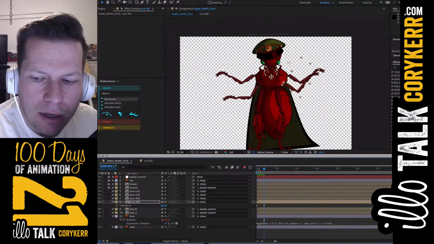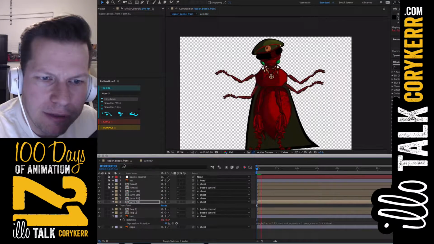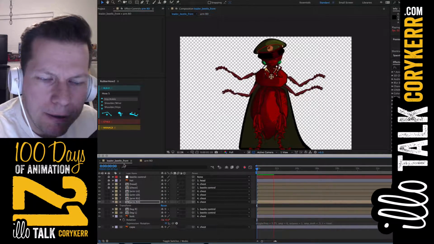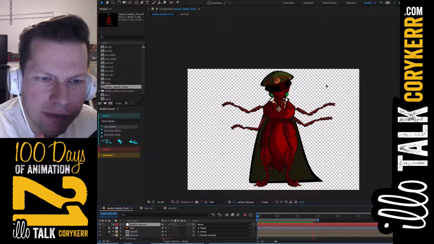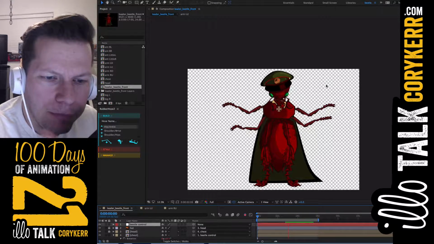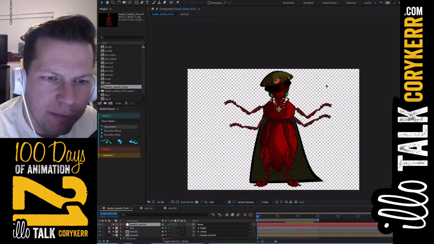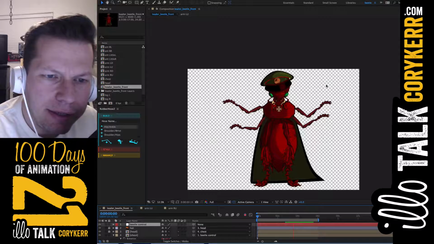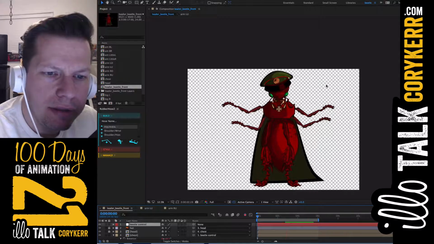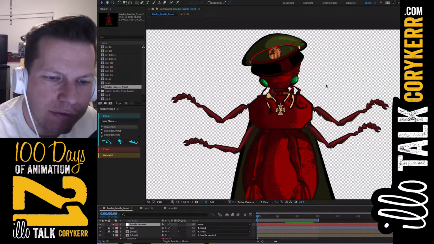Then you'll see that after he starts moving, everything pivots on the chest, and he is just wiggly. That's what I was going for, this creepy, constant movement in the head and the mouth and the arms and the chest and the thorax and the abdomen and all that stuff.